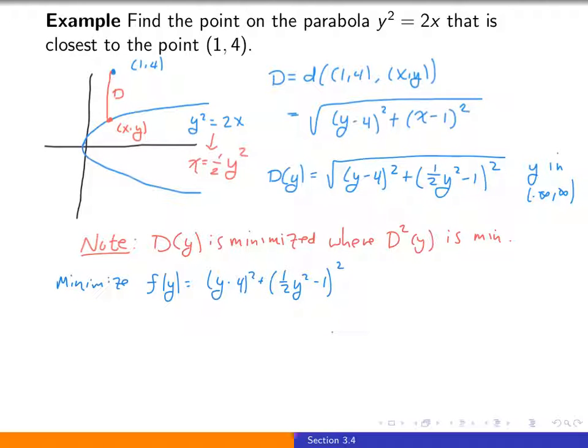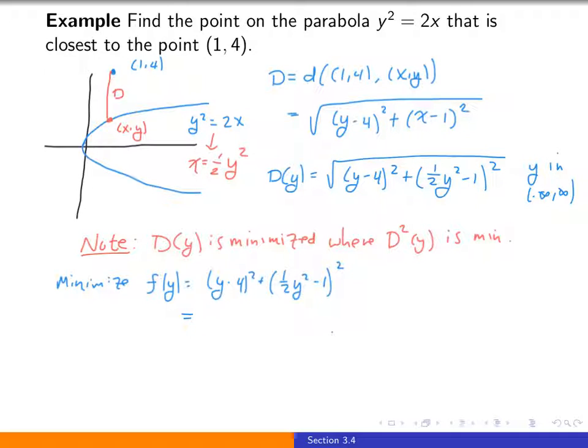A very important observation here, just to save us some time, it's more efficient. If you were to proceed and deal with the entire D function, if done correctly, you would come to the exact same conclusion. So in order to minimize, we need to differentiate, but before doing so, I think it's worthwhile to expand everything out and then simplify as much as possible.